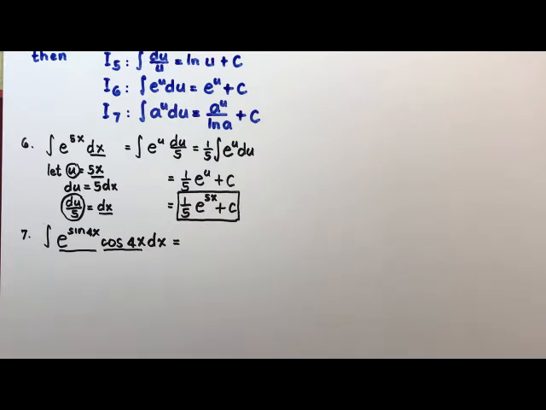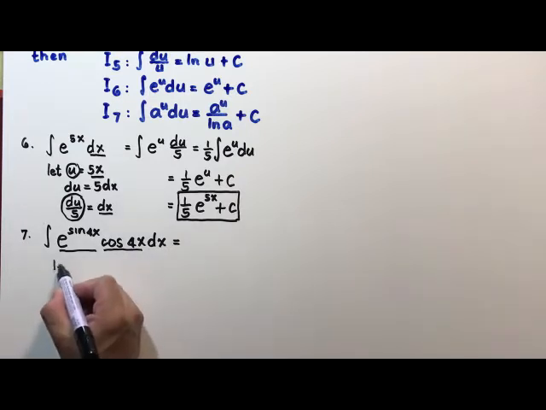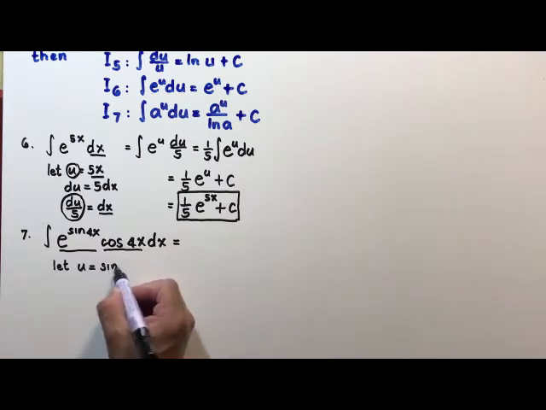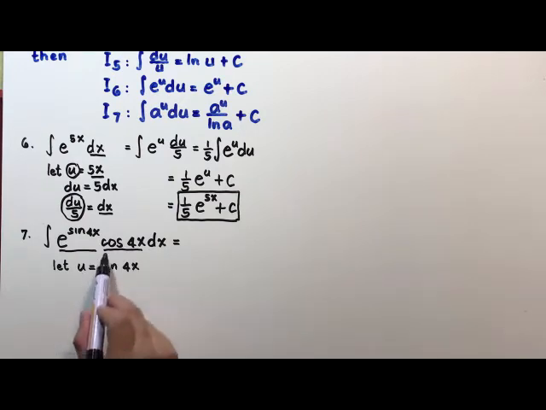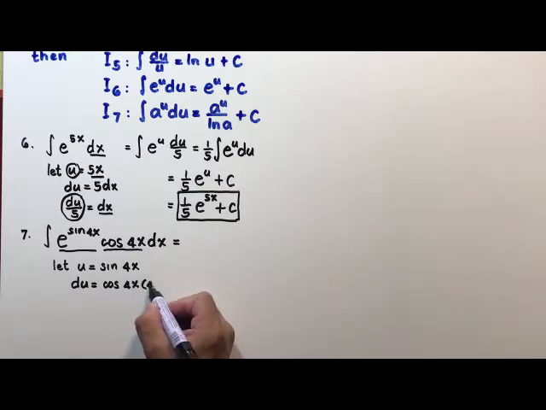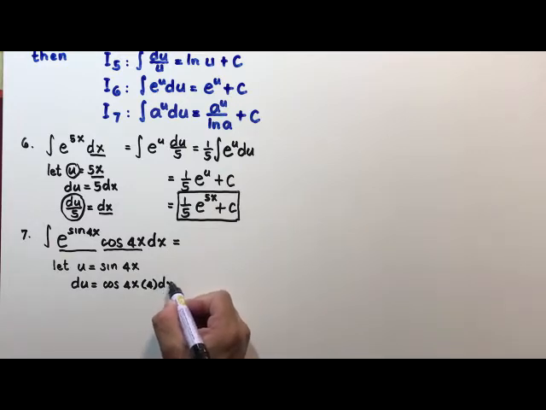But that's not a problem, because if you can guess ahead that when you let your u be equal to sine 4x, your du is an expression that can be found in our integrand. So if you get the derivative of our u, this is equal to cosine 4x times the derivative of 4x, which is 4, by the chain rule. And then we have here dx.